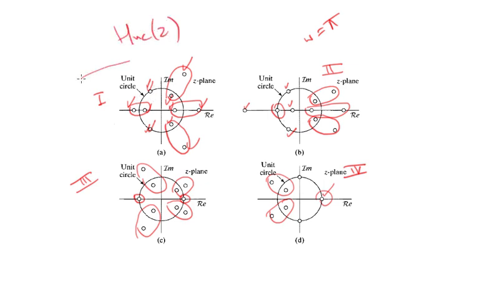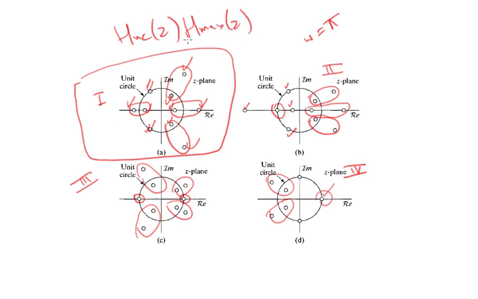So you can express this system as the combination of maximum phase system, unit circle of z, and minimum phase system.